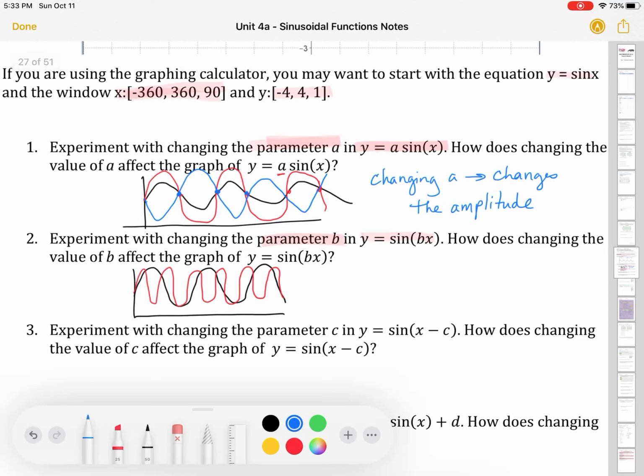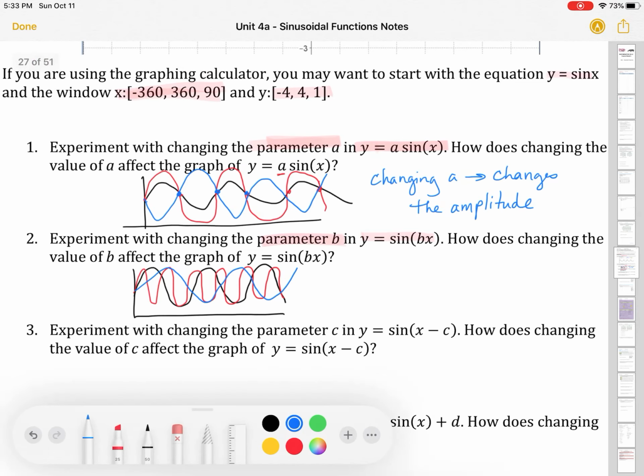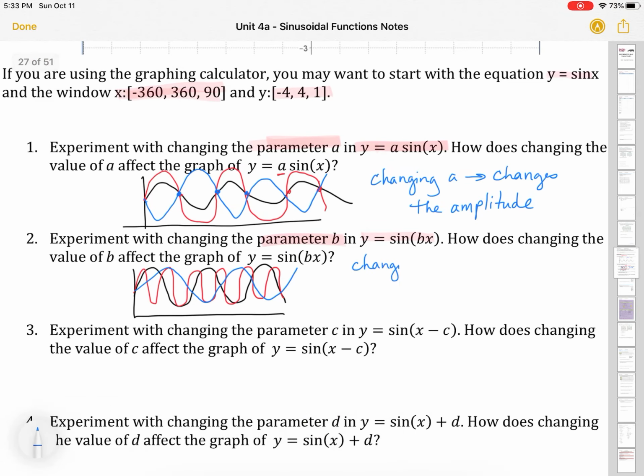So red, it might be getting tighter together, or it might expand out when b gets greater than 1. So what happens when we change b?